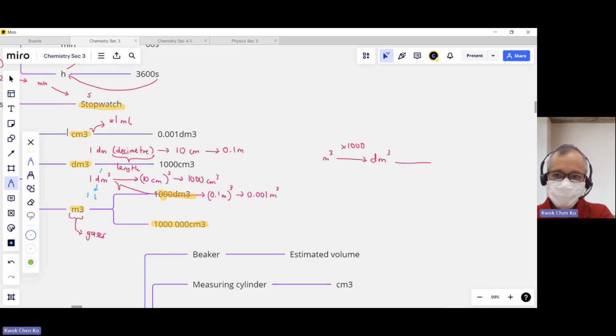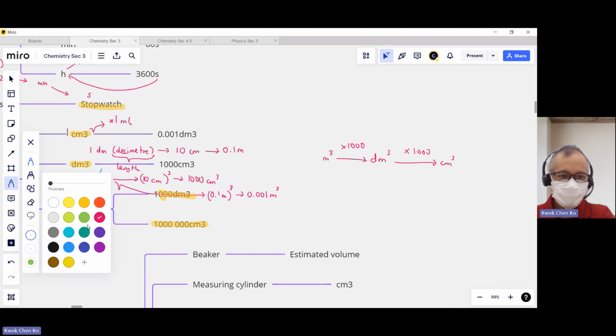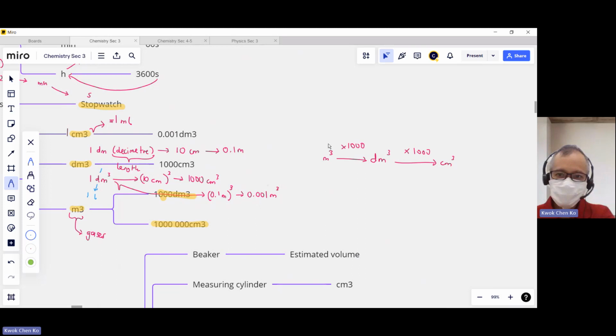And if I want to convert dm cube to cm cube, likewise, I multiply by 1,000. Obviously, if I want to go from cubic meter to cubic centimeters, I multiply by 1 million.